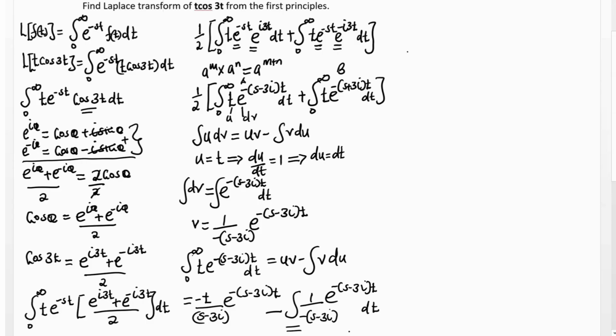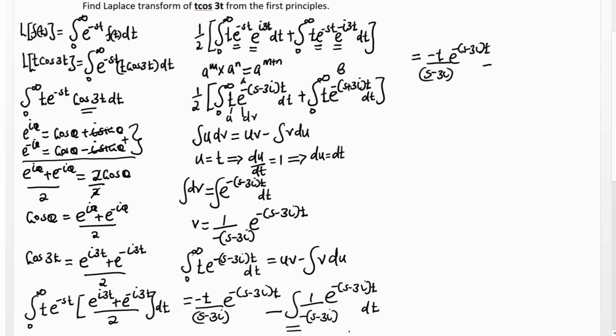So our overall answer is going to be negative t all over s minus 3i, e raised to s minus 3i into t.